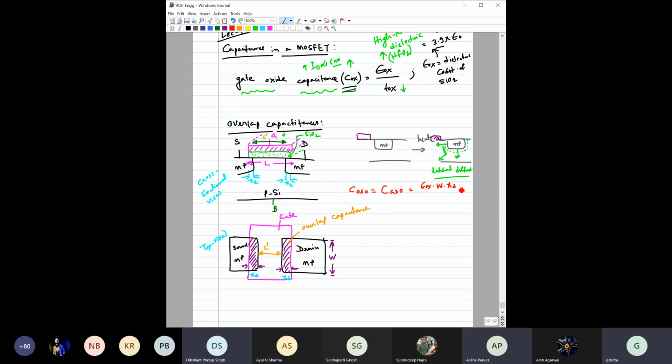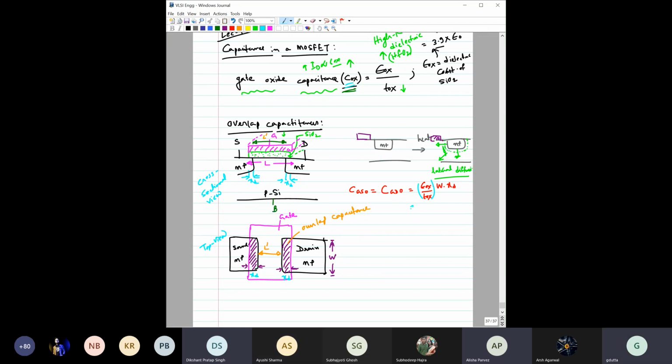Overlap, so that is XD, yes. Okay, and are we not missing something? Divided by the thickness of oxide. Divided by the thickness of oxide. Very good.